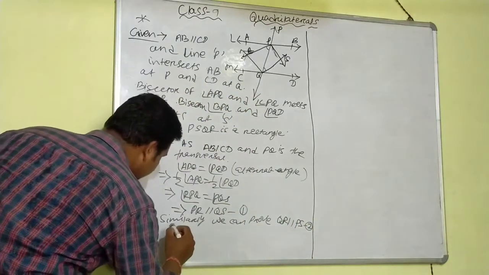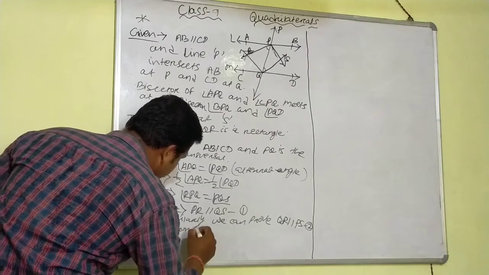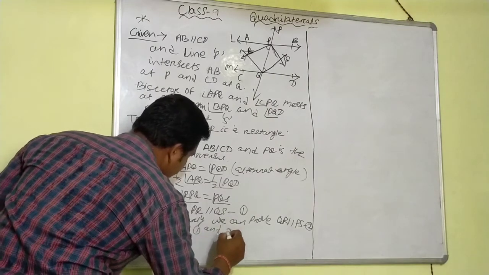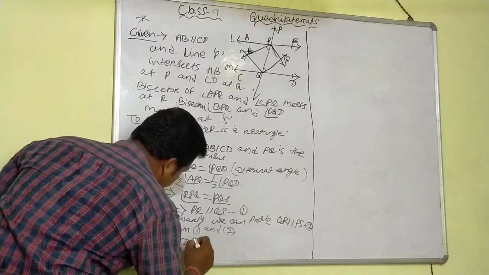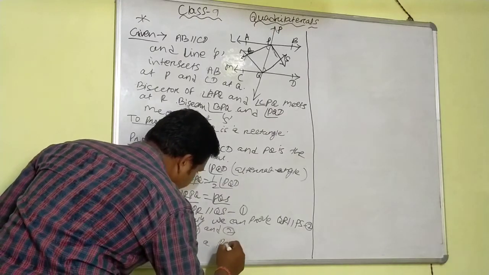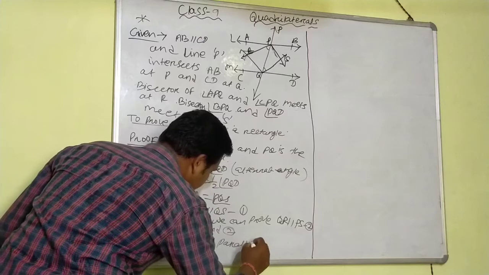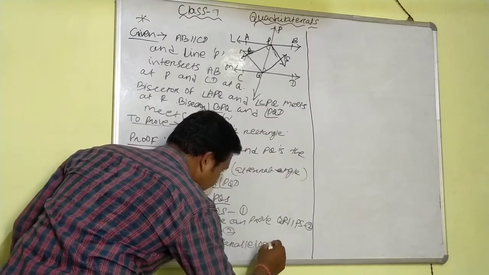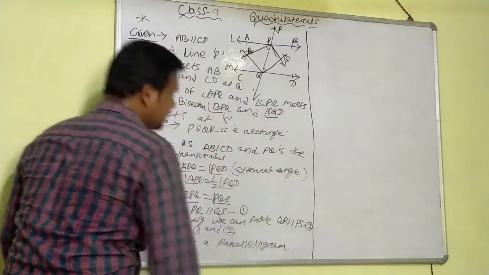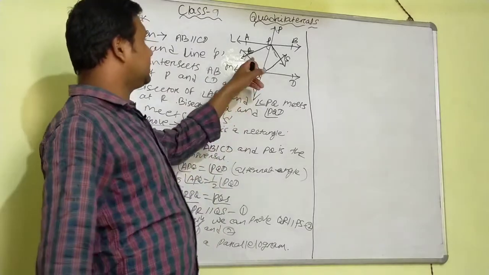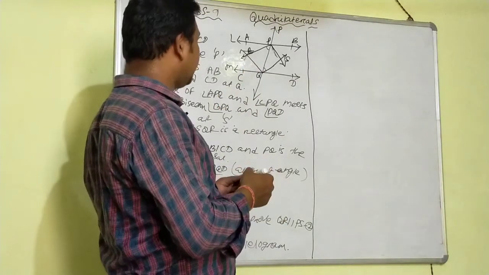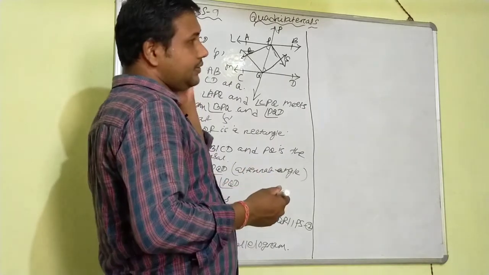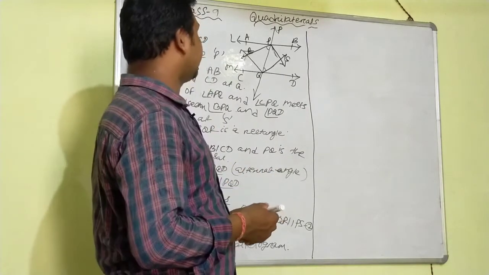So from 1 and 2, PQRS is a parallelogram. Okay. Second point: we will prove that if an angle of a parallelogram is 90 degrees, we can say it's a rectangle.